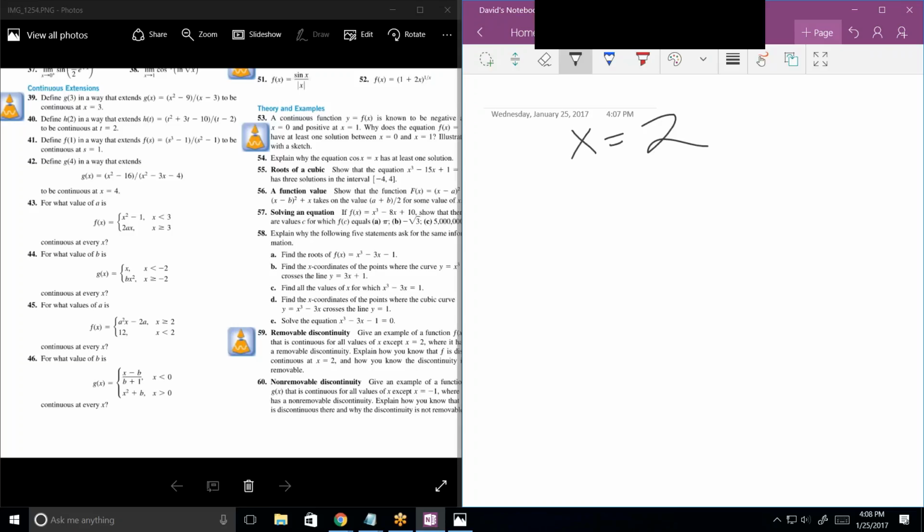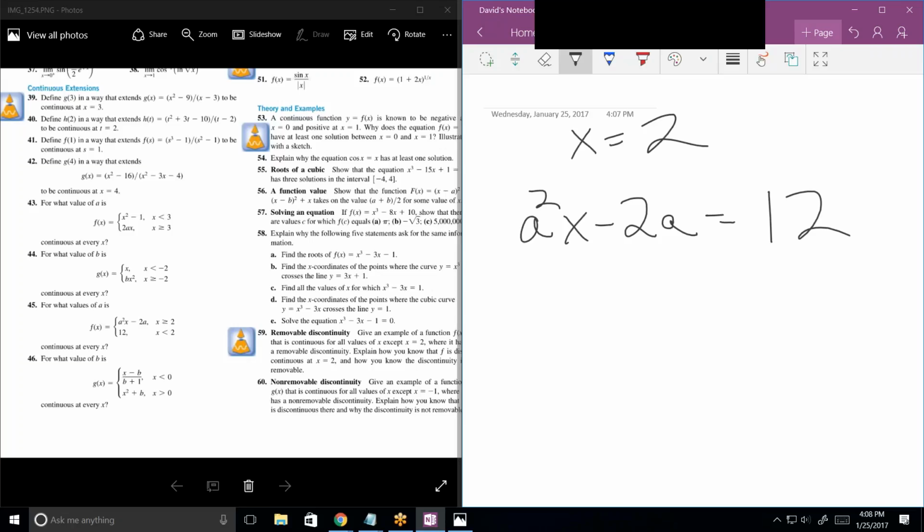Okay, so a squared x minus 2a equals 12. In other words, the top function and the bottom function have to be equal at x equal 2. Otherwise, it's not going to be continuous. Otherwise, there'll be a jump discontinuity at x equal 2.